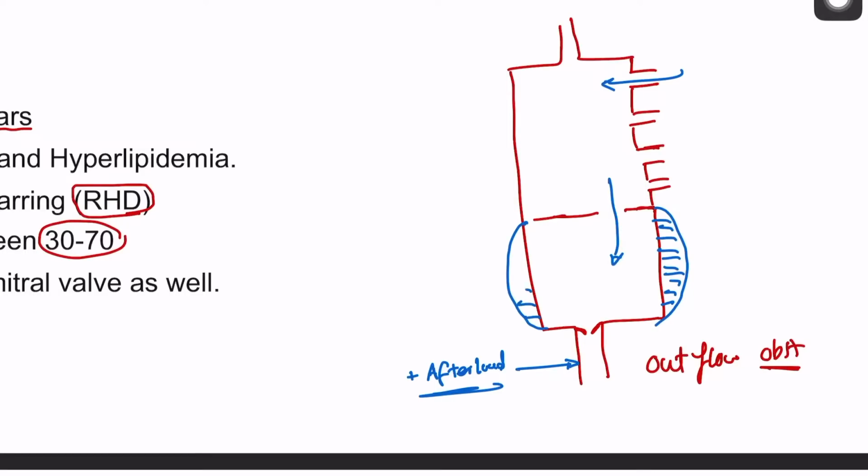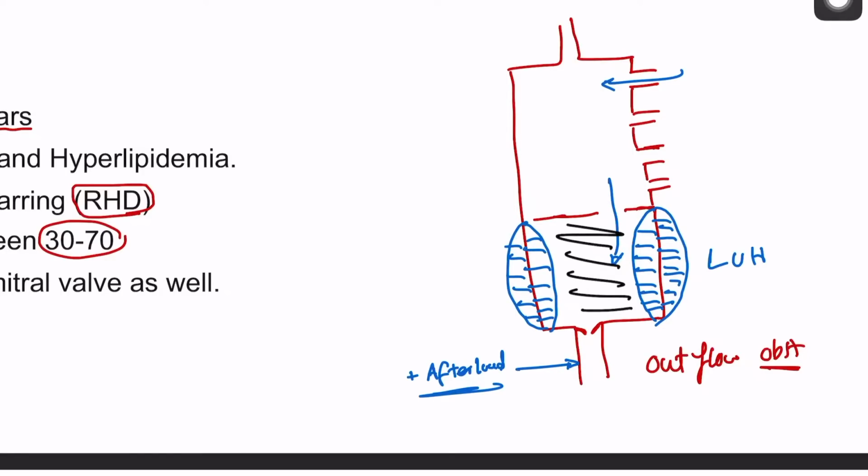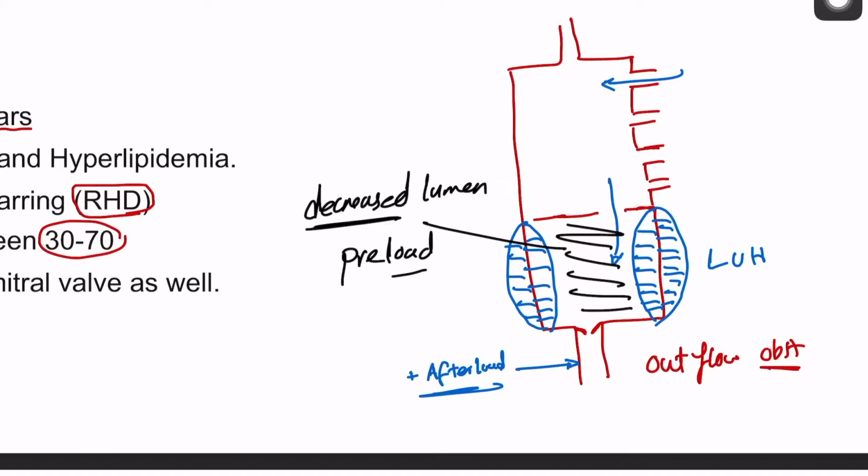Thicker means left ventricular hypertrophy. But it will not only get thicker to the outside, it will also get thicker to the inside as well. So the muscle will be sort of like this, right? That means the lumen of the left ventricle has decreased. Decreased lumen means the preload has decreased as well.